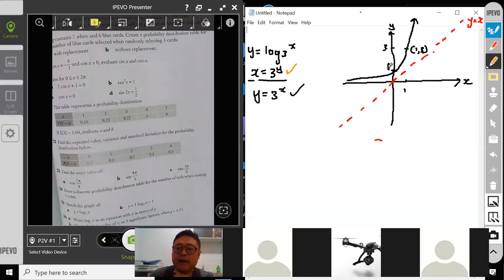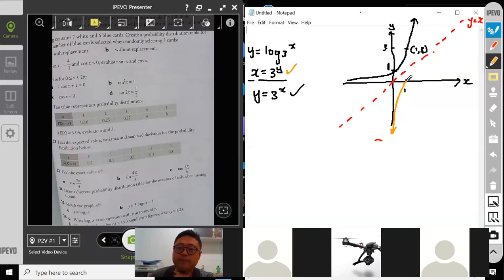So see how this approaches the x-axis as x becomes increasingly negative. Well, this graph, when reflected, will approach the y-axis as y becomes increasingly negative.